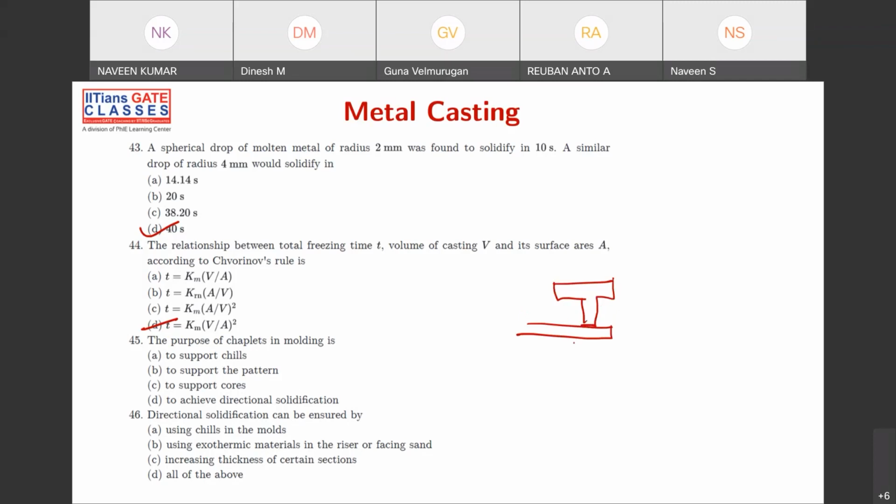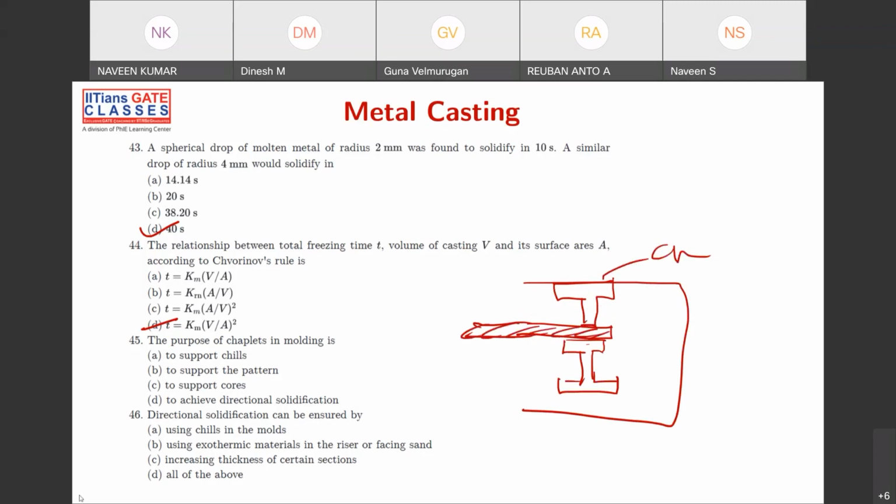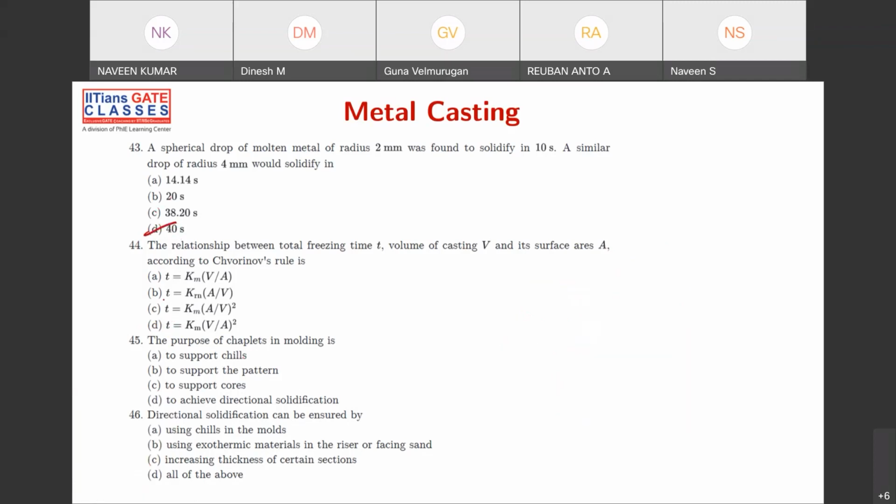Yesterday we discussed this, and this is your mold cavity and this is your core. So these are called chaplets. We have seen already clearly, right? The answer obviously is about cores.